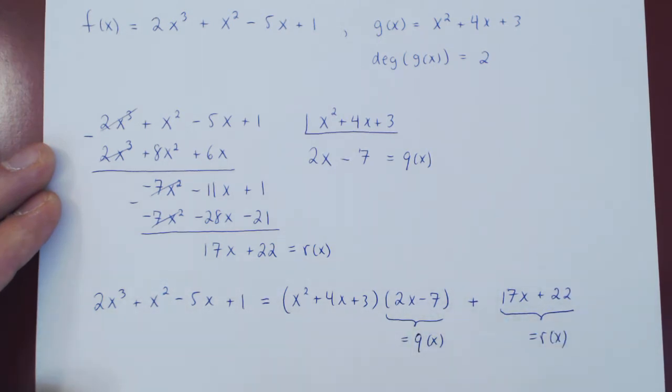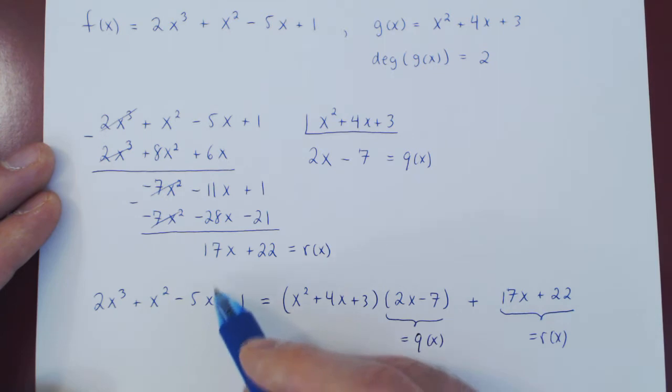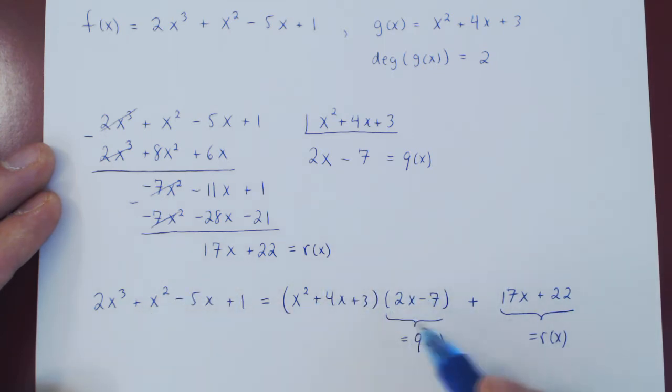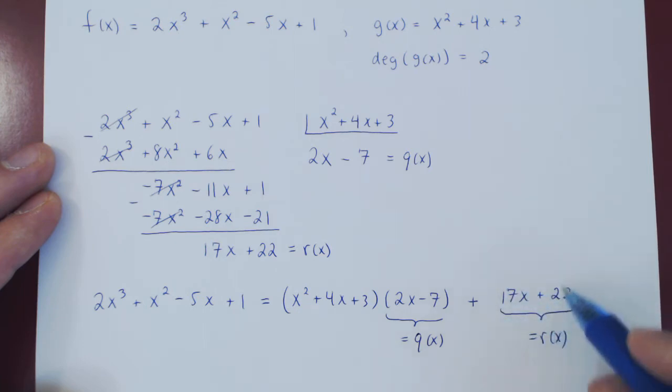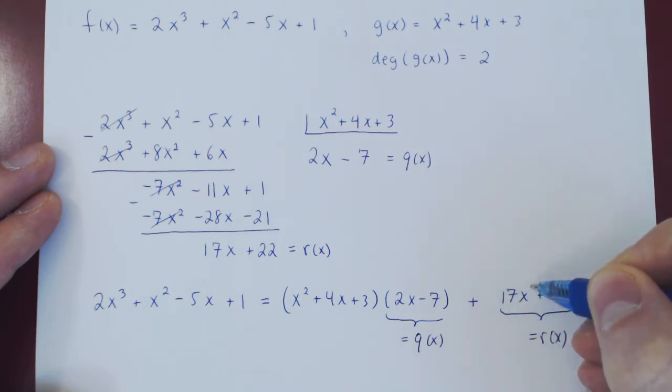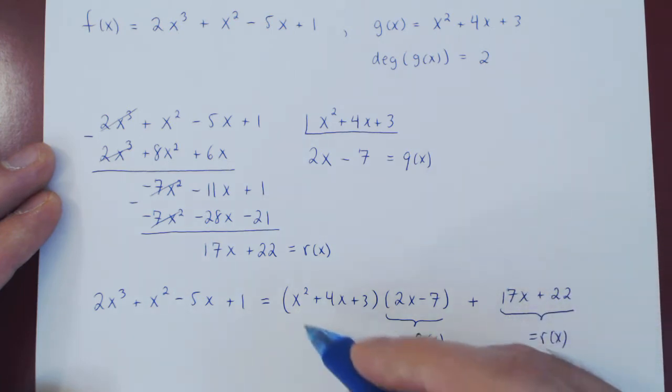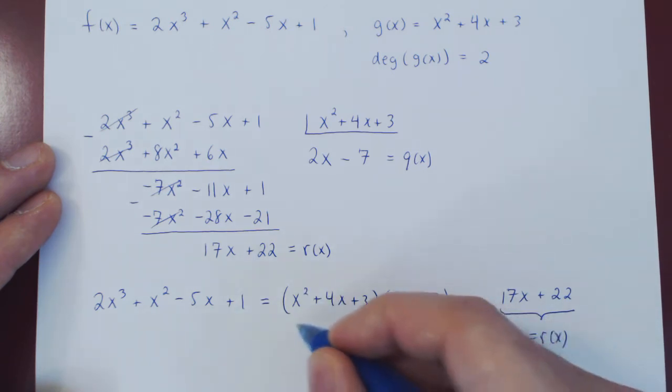And that's what long division gives you. So you divide f by g, and you end up with f is g times some polynomial plus the remainder, and the remainder has a degree of 1, which is less than the degree of the divisor, which was 2.